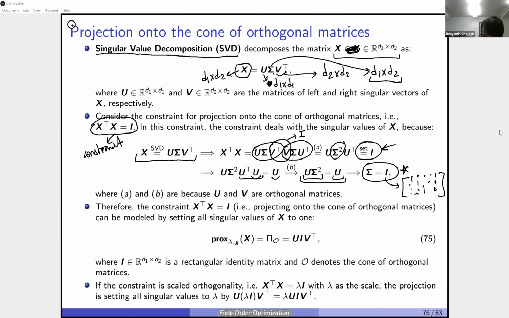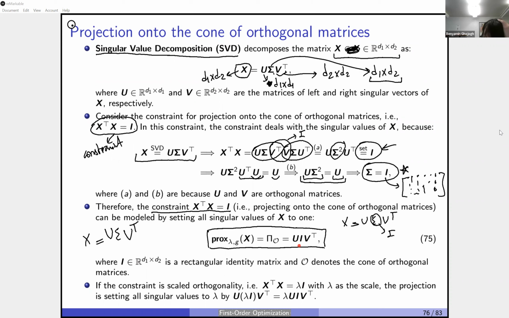And so when your constraint is orthogonality, it means that when you have projection onto the constraint of orthogonality, you calculate the SVD of X, calculate U, calculate V, but replace sigma with I and reconstruct X. So X was U sigma V transpose, set sigma to I, reconstruct X by U I V transpose.